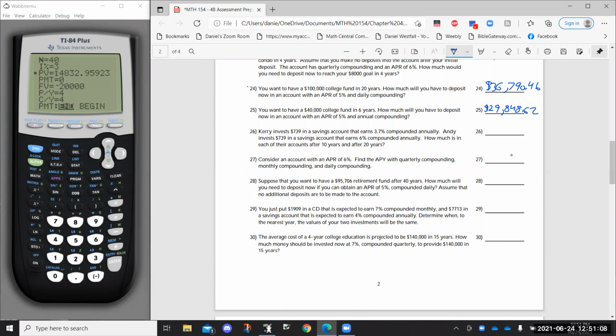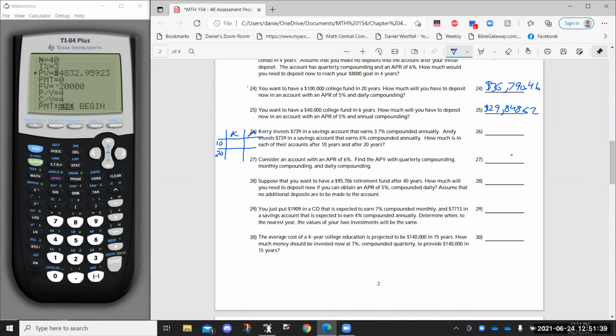We want to compare and we want to see who has the better deal in 10 years and in 20 years. So let's just make a little table here. 10 years, 20 years, Andy and Carrie. Let's do Carrie first because Carrie's mentioned first in the problem.